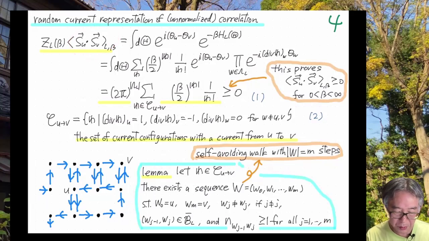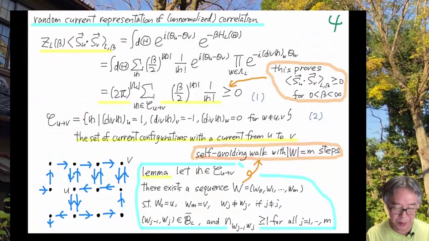Suppose that we are given a current configuration in this set. So there is a current from u to v. Then we can prove that there exists a self-avoiding random walk that connects u and v, with m steps. Let me be more precise.